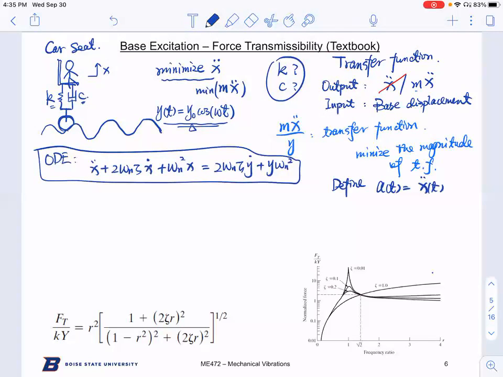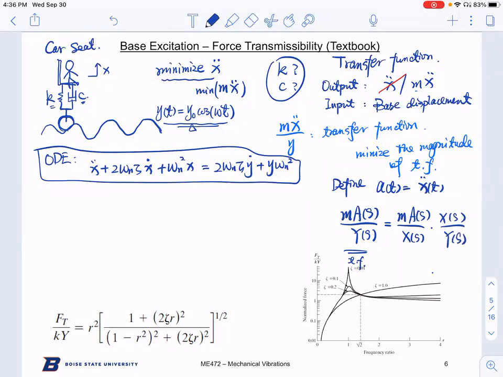That means we want to find out m times A(s) over Y(s), right? That's your transfer function of interest. You can easily apply the chain rule: m times A(s) over X(s) times X(s) over Y(s).